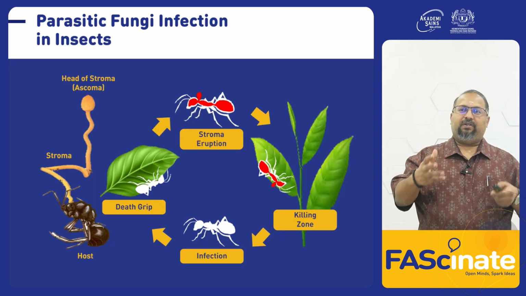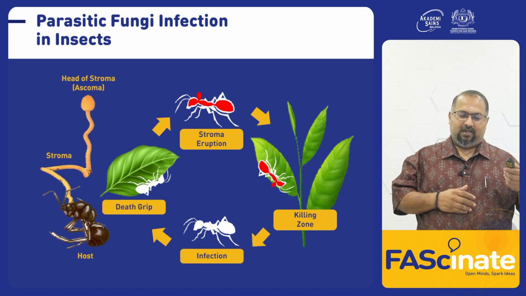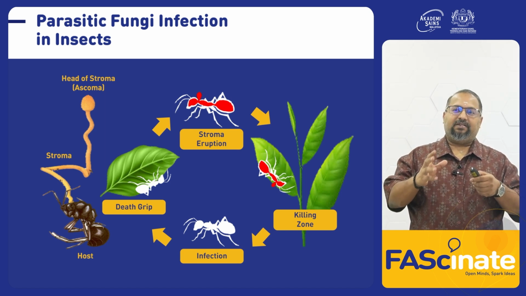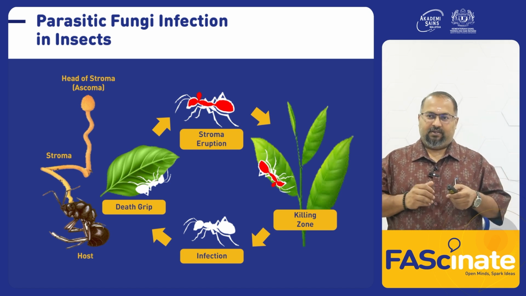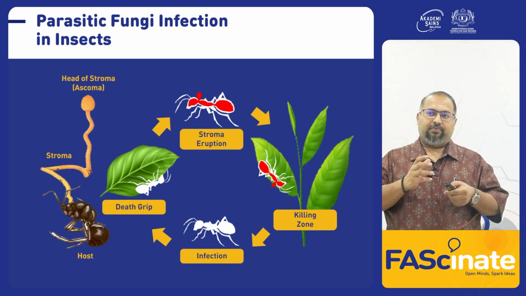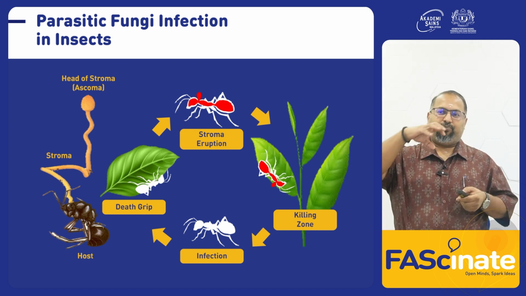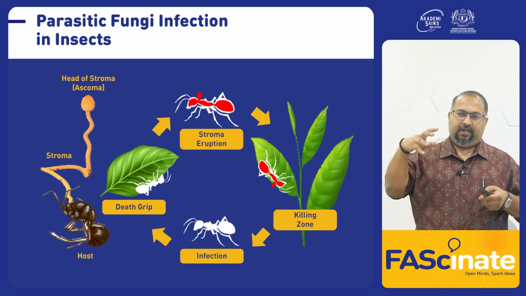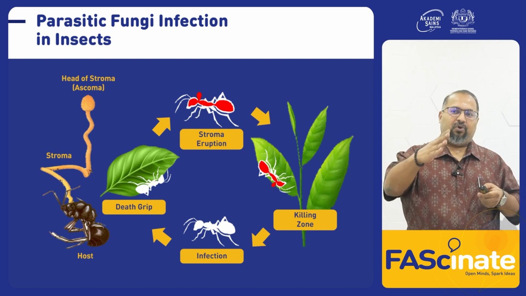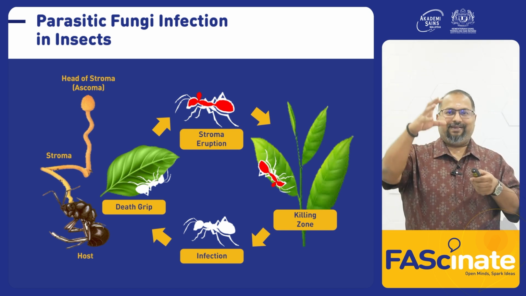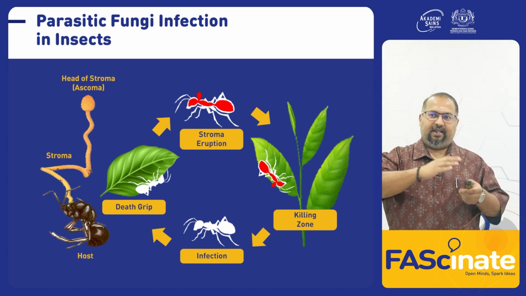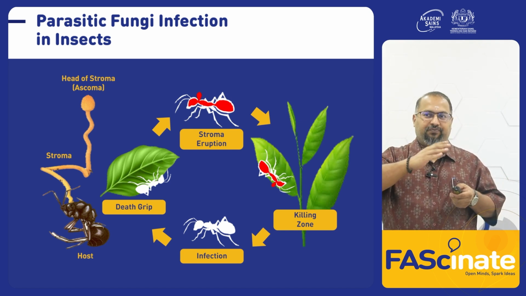Before we go further into the mechanism of infection, I would like to introduce how this parasitic fungal infection in insects occurs. When insects or any type of arthropod are infected with spores in the air, they usually go through a process called the death grip, where they grip onto any type of plant, twig or branch, and then the stroma erupts after a few days.